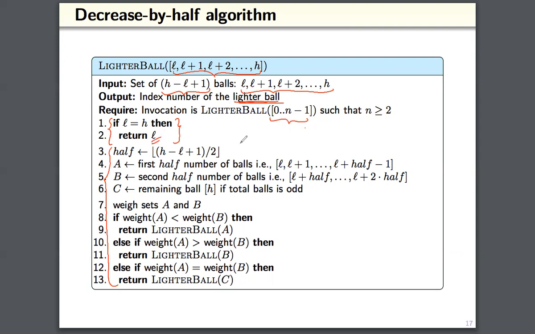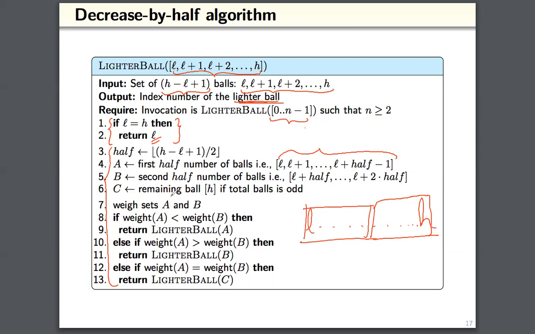You found the mid there, right? You find half. A is the first half of the number of balls from L to H. So it's the first half of the balls here from L to L plus half minus 1. B is the second half of the balls, right? Second half number of balls.